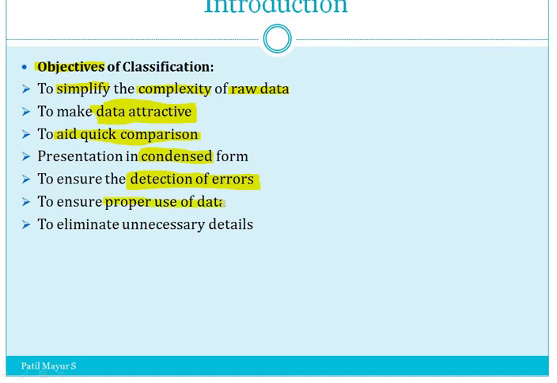Again, if we properly classify the data, we are able to use it properly. To eliminate the unnecessary details. If we properly classify the data, whatever information is not required automatically gets eliminated. So that is one of the objectives of the classification.